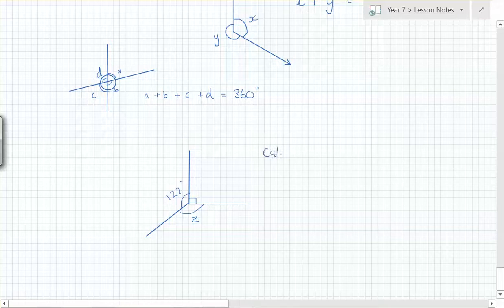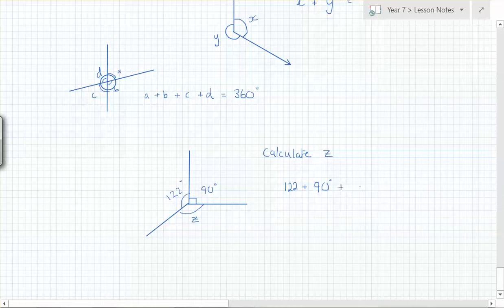I said to you, calculate Z. So 122 plus 90, because there's a square, that's a right angle, that's 90 degrees.